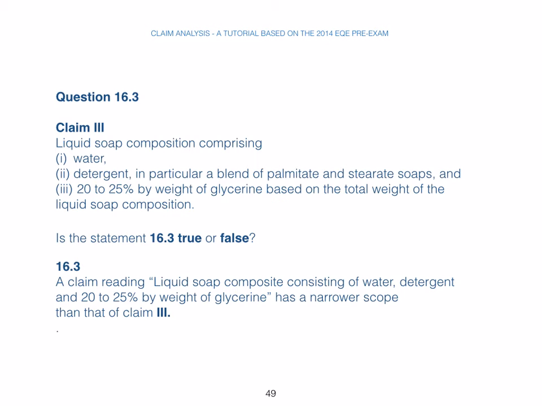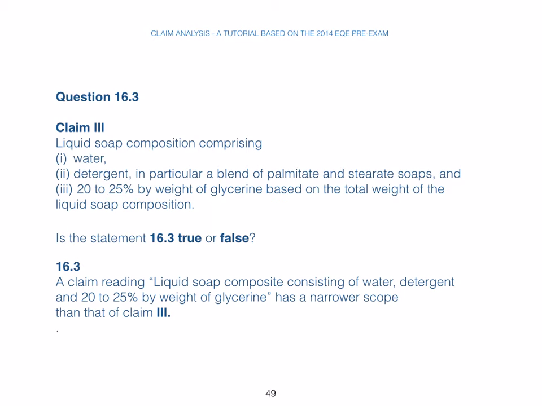16.3. A claim reading liquid soap composition consisting of water, detergent and 20 to 25% by weight of glycerine has a narrower scope than that of Claim 3.